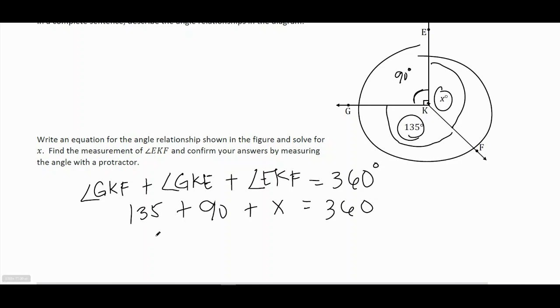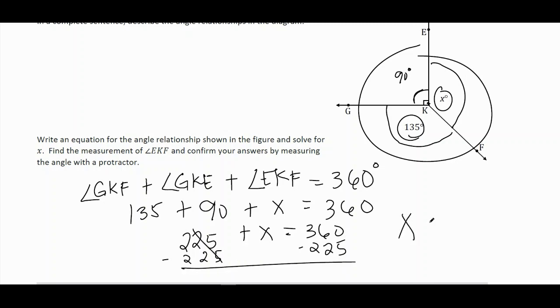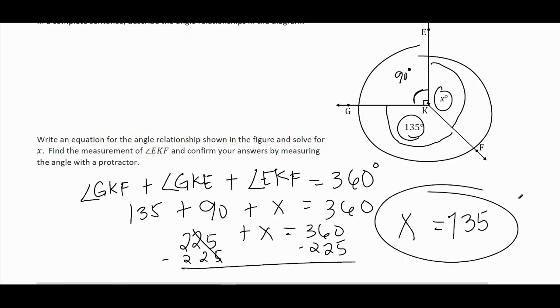Now what is 135 plus 90? 225 plus x is equal to 360. Remove this on both sides. X is equal to 360 minus 225. Yes, 135. So as you can see there, even though they are adjacent angles, we can also say that they are also vertical angles in such a way.